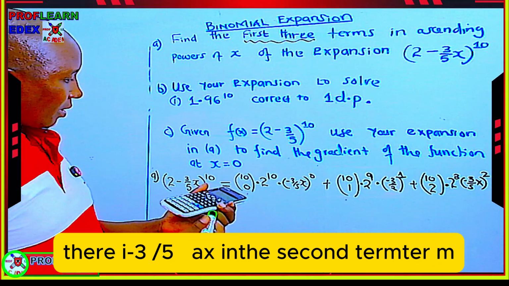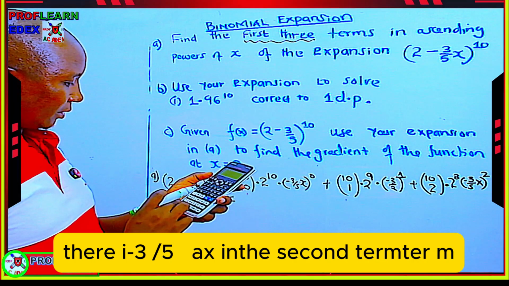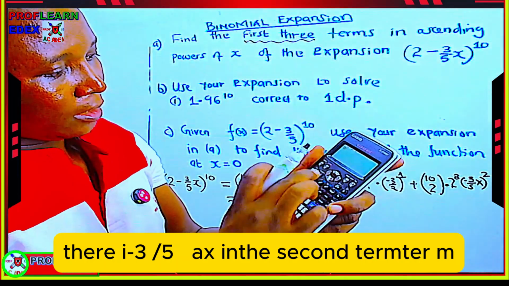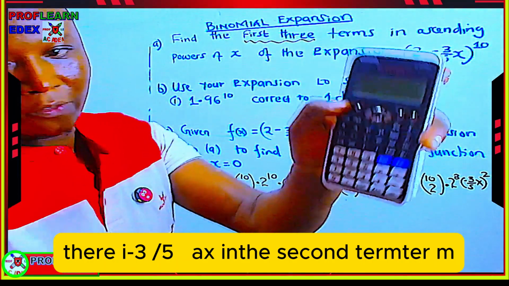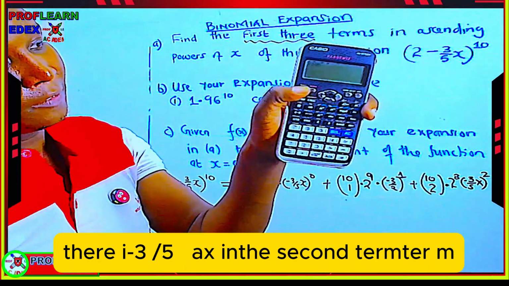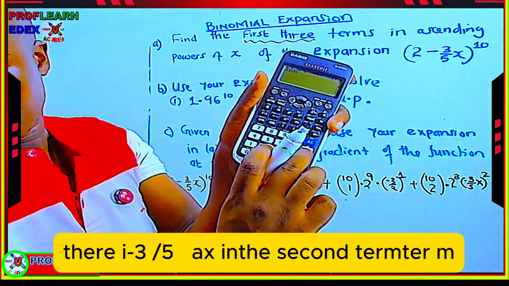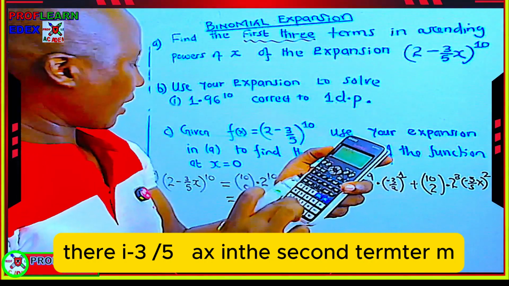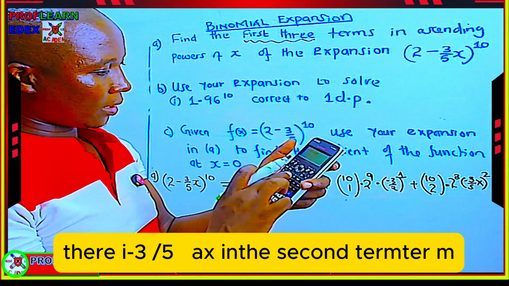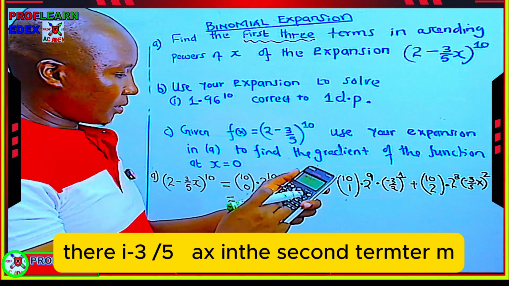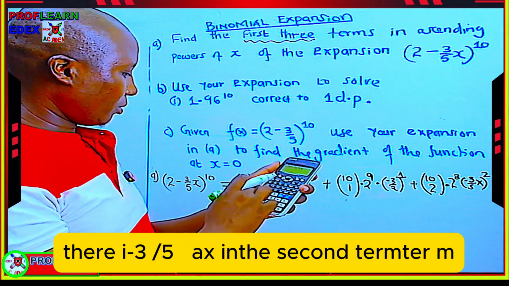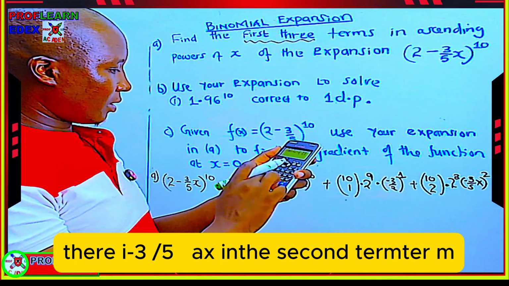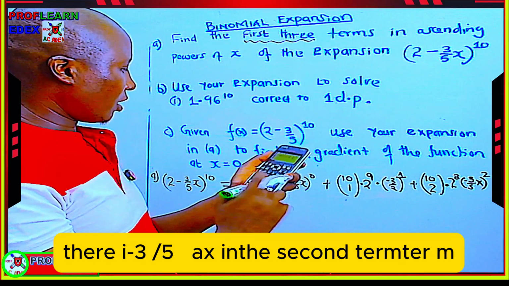This is the way I want you to put this in. We open bracket, then put 10 combination; on the calculator we press shift, then you can see on this key we have combination, then we put 0, then times 2 raised to power 10, times, I open the bracket and put negative 3 over 5, then close the bracket, then raise to power 0 in this case.